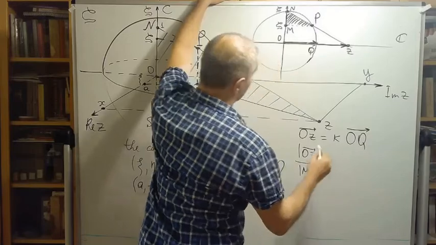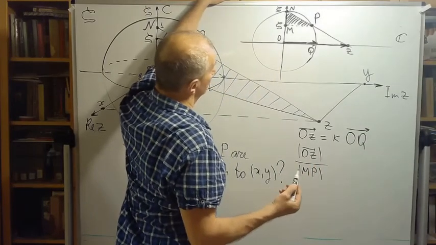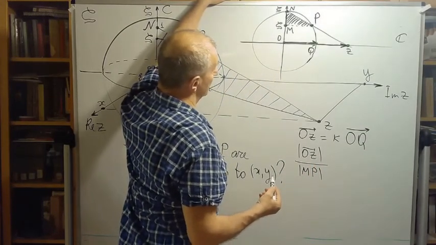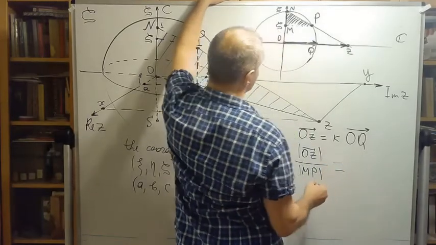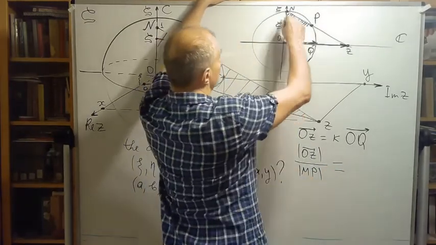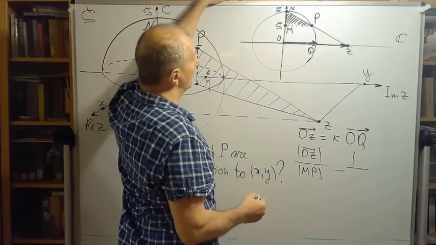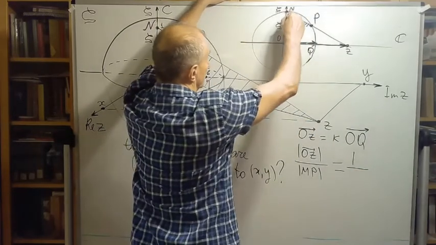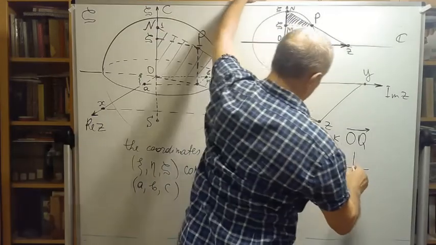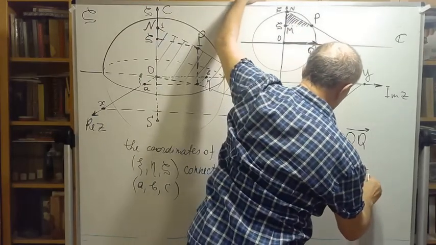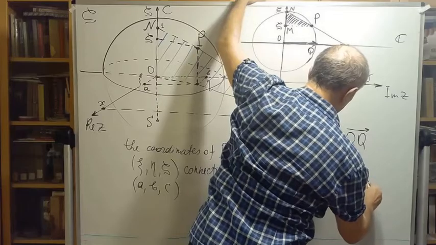I can just say the length of MP, doesn't matter. It's a vector MP or the length of vector MP as the vertical long side is 1, it's a unit sphere, over the vertical side of the small triangle, 1 minus zeta.